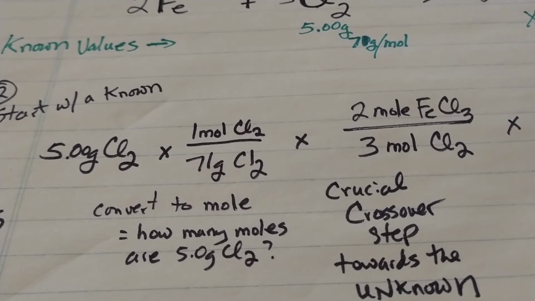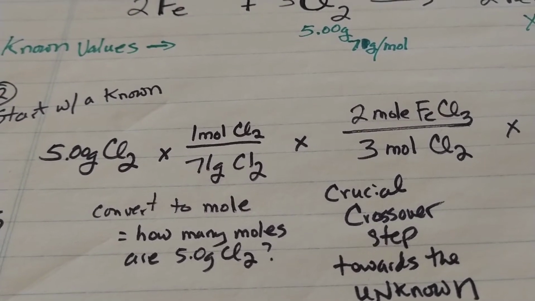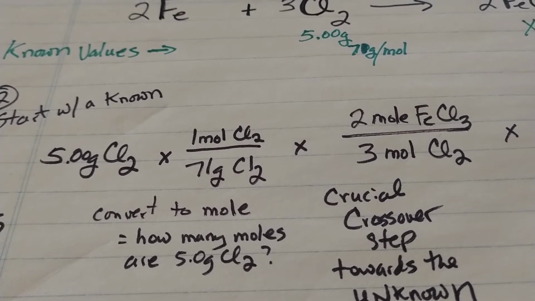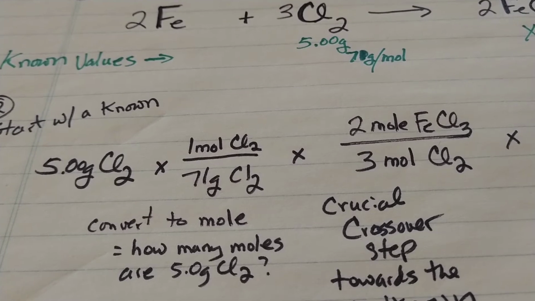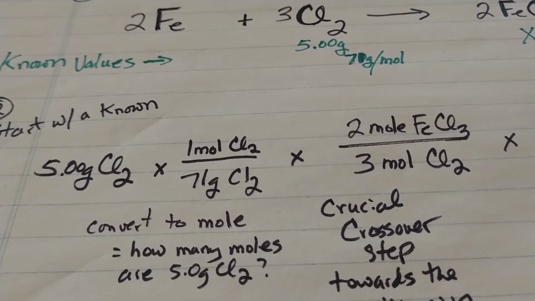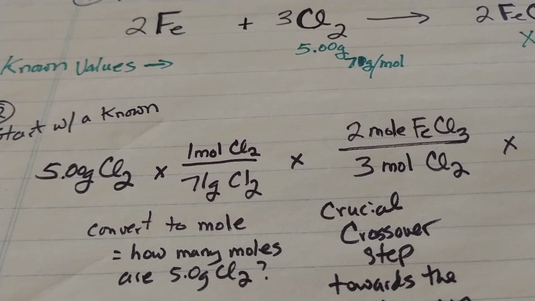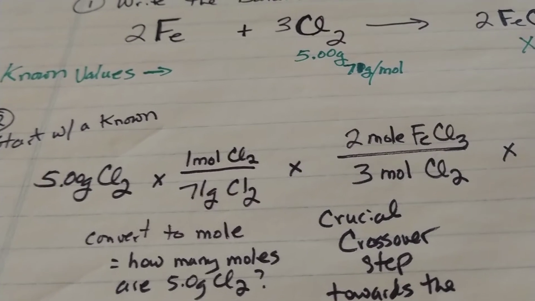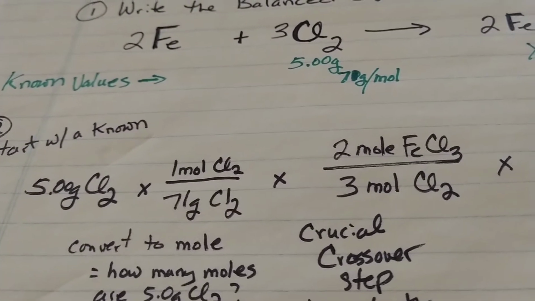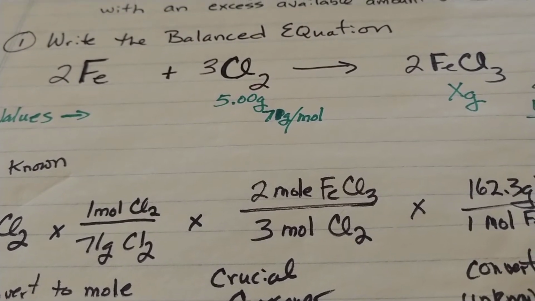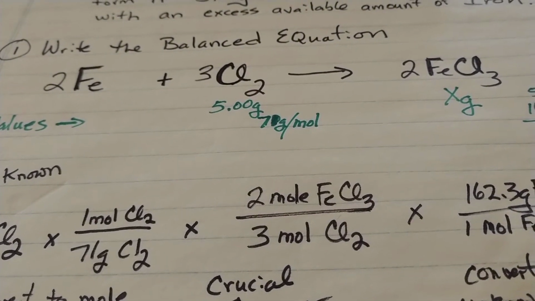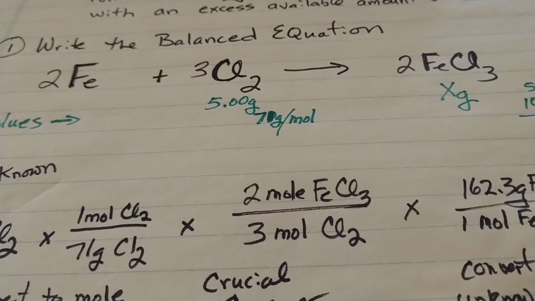So how many moles are there in 5 grams of chlorine gas in this situation? But I'm going to just run the string further. I'm not going to solve that yet because I know that in the balanced equation, there are going to be 2 moles of iron(III) chloride produced for every 3 moles of chlorine gas used up.